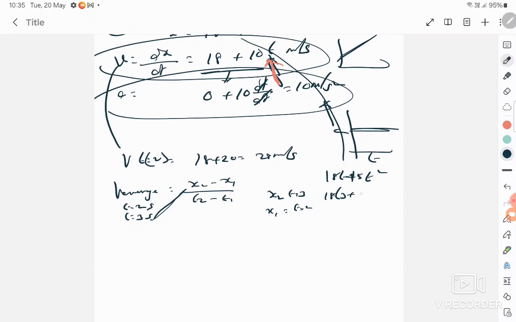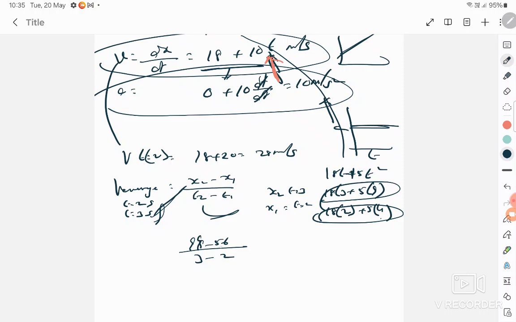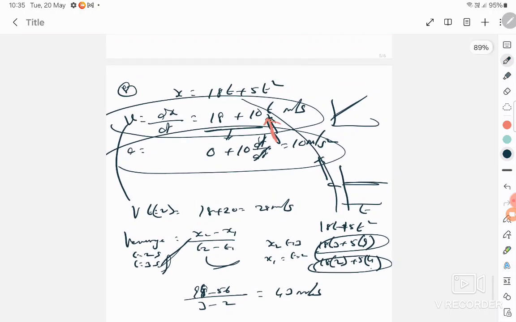So 18 into 3 plus 5 into 9, and this will be 18 into 2 plus 5 into 4, and substitute these in the place of x2 minus x1, by t2 minus t1, which is 3 minus 2. Thus you get your answer. So you actually calculate it. You get 99 minus 56 by 3 minus 2. Please do the calculations yourself. You get 43 meter per second. That will be your average velocity. We already calculated the instantaneous acceleration, which is a constant.